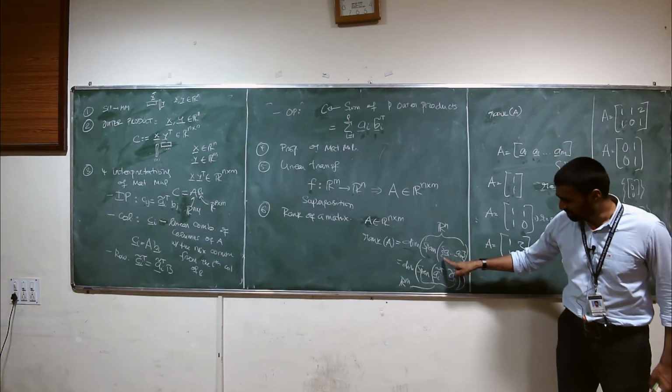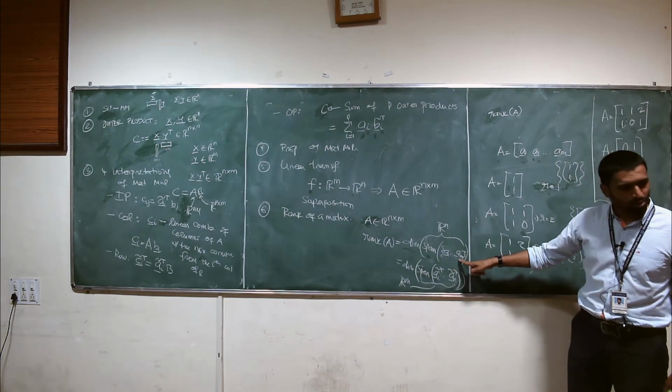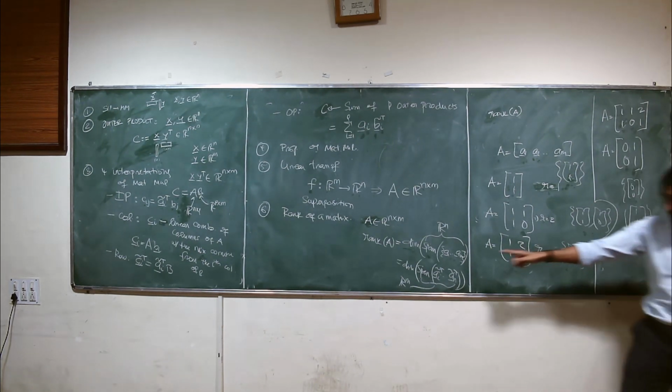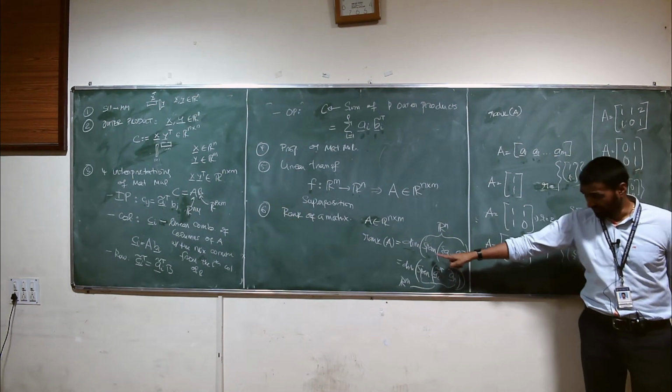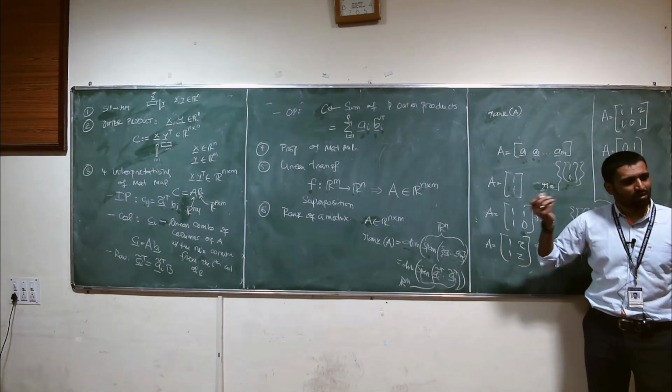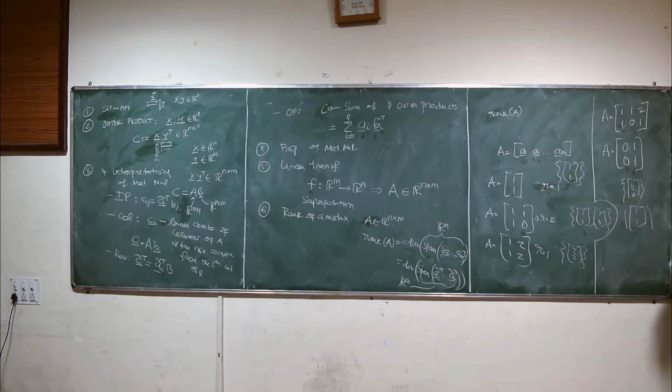You have a subspace that is spanned by the columns of A. Okay? I ask you to give me a basis for this vector space using the columns of A. The question is, how many vectors will that basis have?